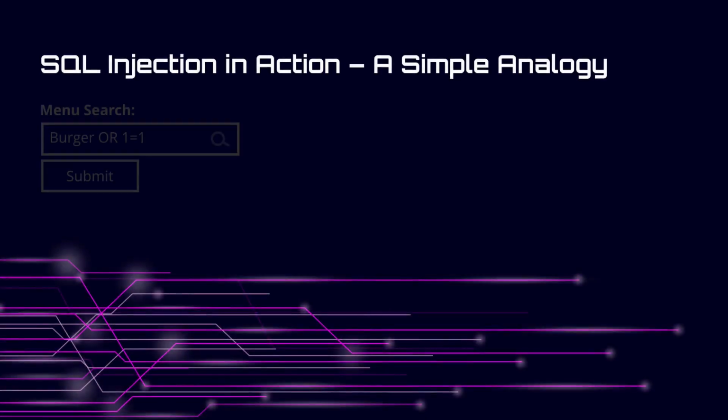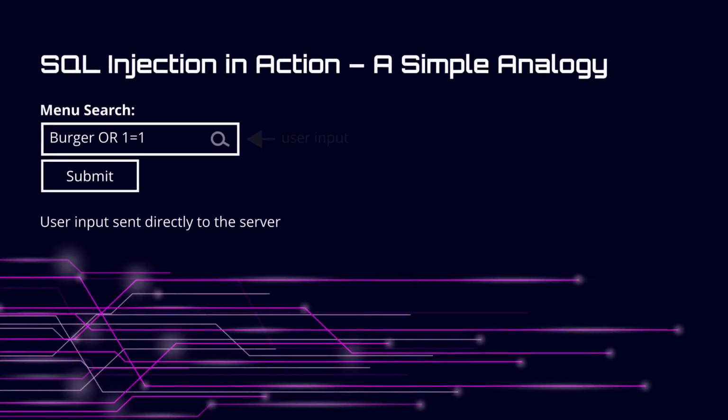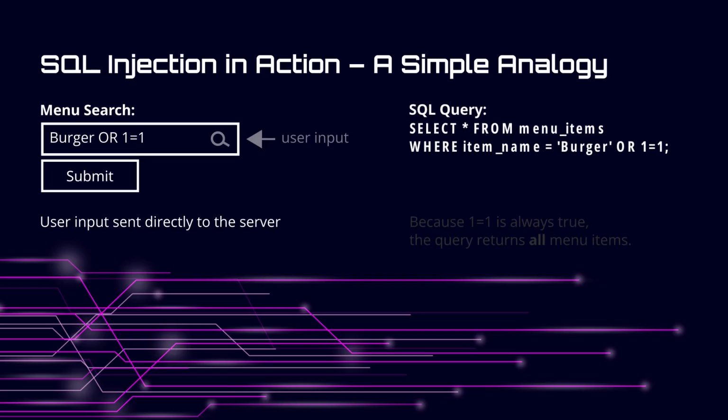Now let's take a look at how SQL injection might appear to an attacker using a web application. Imagine there's a menu search box where the user is supposed to type in the name of a dish, like burger. But instead, an attacker types in burger or 1 equals 1. This input is sent directly into the SQL query without any filtering or validation.